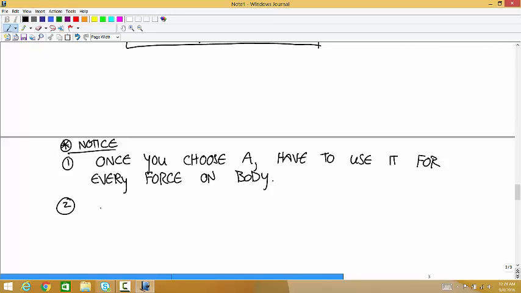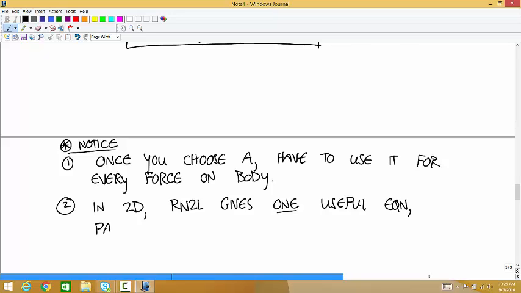Second, in 2D, the moment equation gives one useful equation. And those are the components parallel to the z-axis.